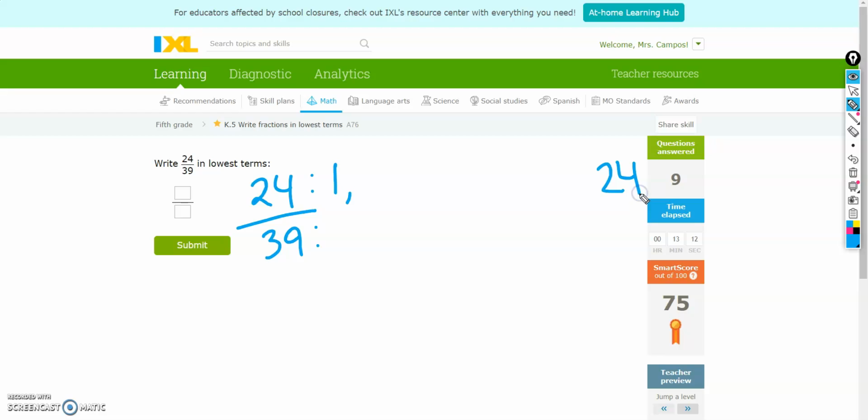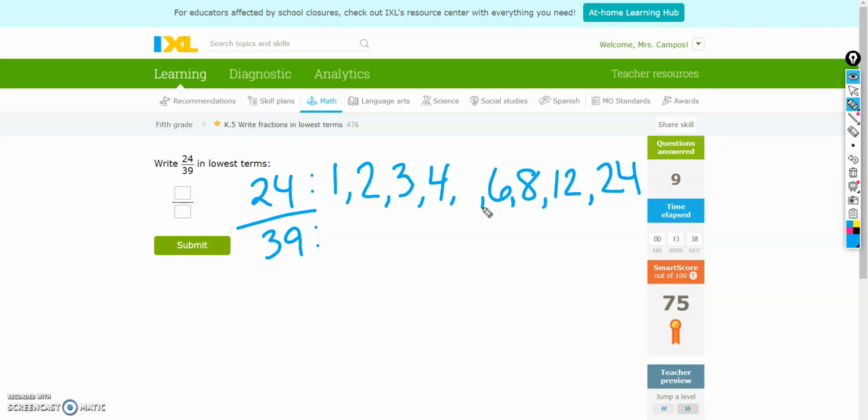They're bigger numbers, I might give myself a bigger gap. 2 times 12. 3 times 8. 4 times 6. Now 5 doesn't work, and then you're to 6 again, and you already have that.